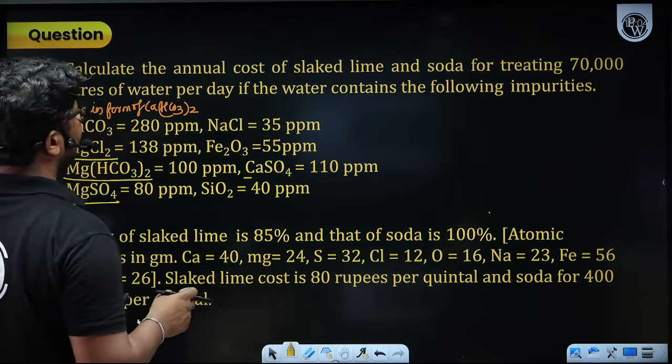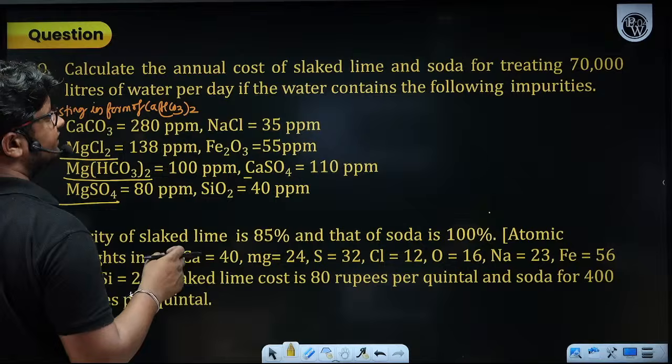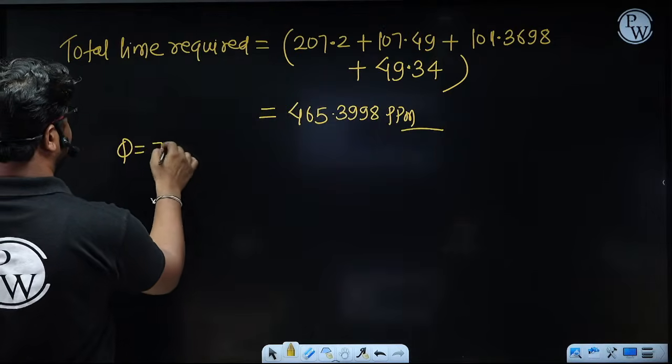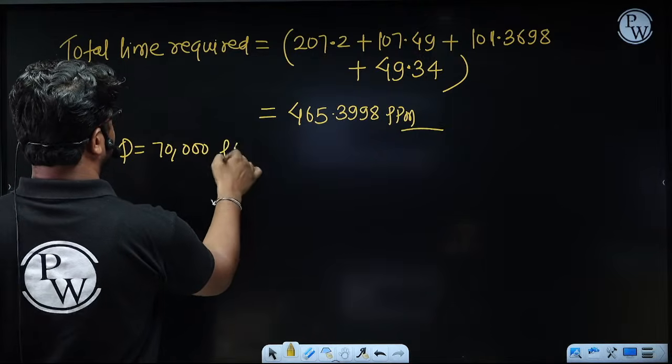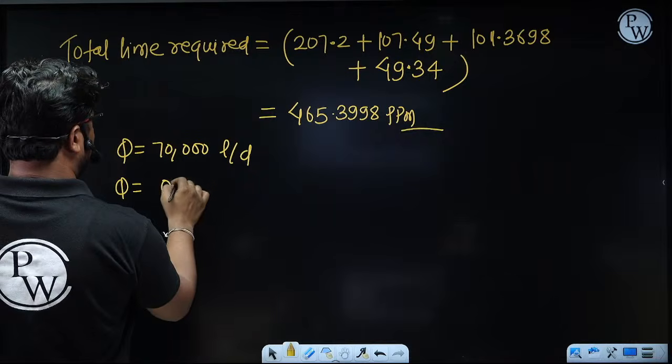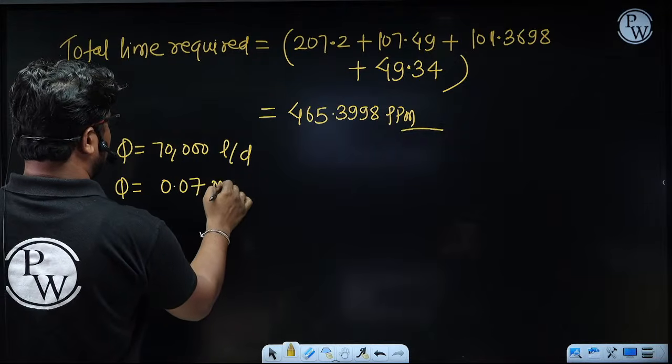Now they have already given you the discharge, which is 70,000 liters per day. So Q is 70,000 liter per day. I can convert this into 0.07 MLD.